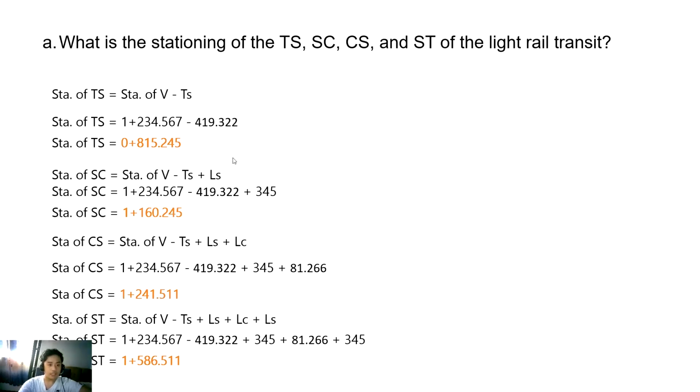Nagdadagdag lang tayo ng dadagdag, pero inisa-isa ko na lang. Pwede natin sabihin na station of CS plus LS, makukuha na natin yung station of ST. Kung gagamitin natin yung station of CS, which is 1 plus 241.511, yun yung magiging total nitong station of B, TS, LS, pati LC. Then, i-add lang natin yung 1,241.511 sa LS, which is 345, and we'll get 1 plus 586.511. So, makukuha na natin yung station of ST.